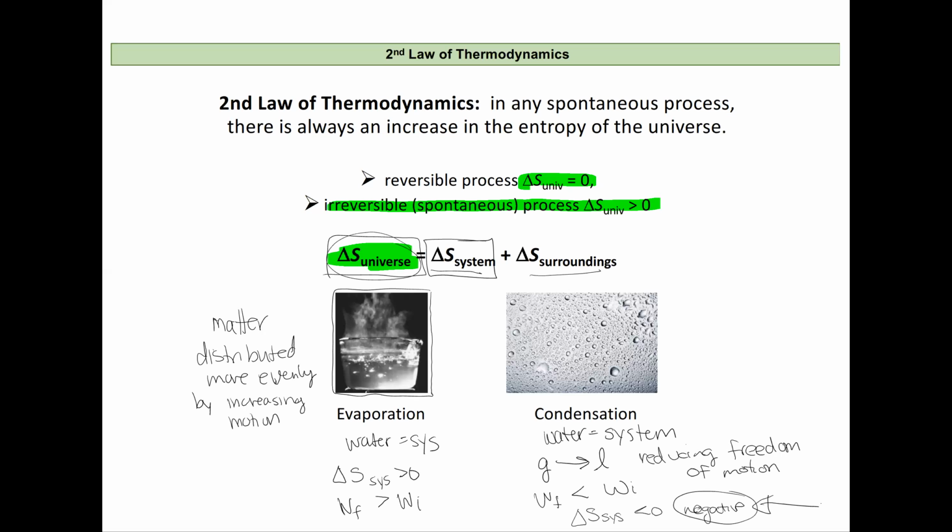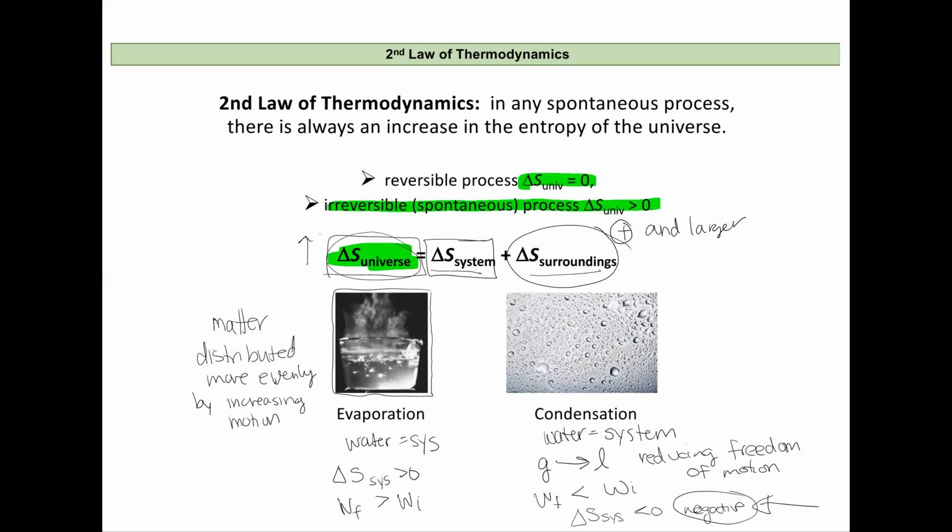And the way we can explain this is that the entropy of the surroundings is very positive and larger than the entropy of the system. And that overwhelms this negative entropy of the system and creates an overall increase in the entropy of the universe.